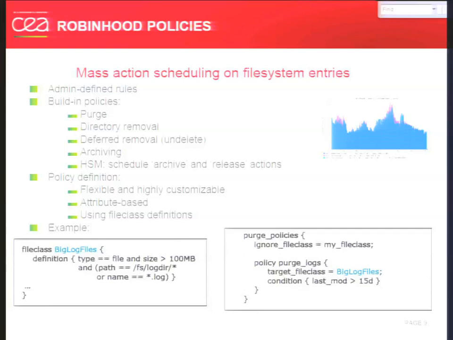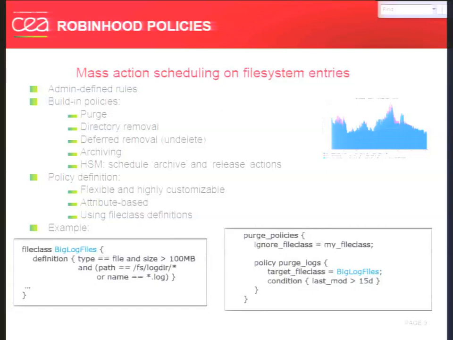There are already several built-in policies: purging, so removing files, removing directories, mostly tree removal, in fact. You can also archive, which means copying, like backup. It's also used for HSM, indeed, but as you have seen, for a lot of other features.